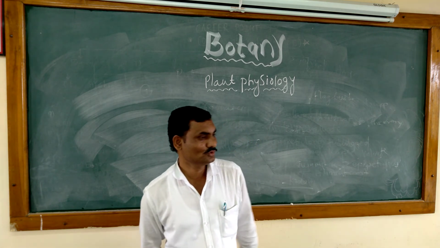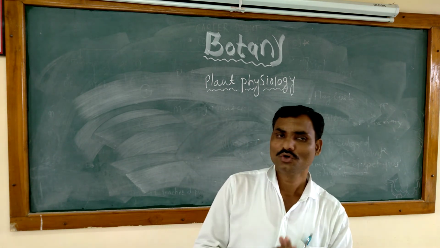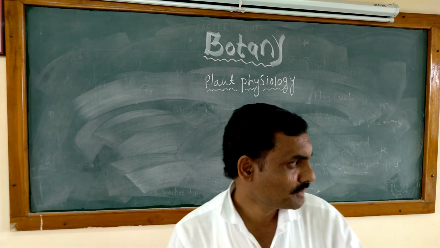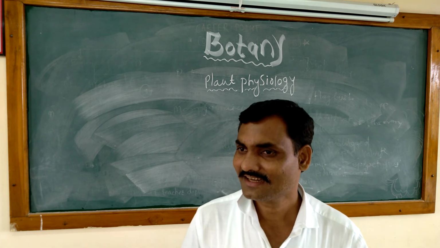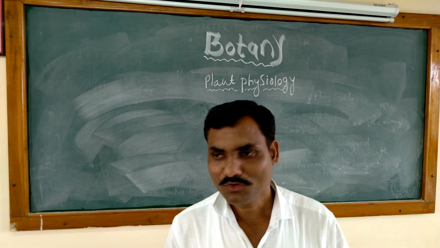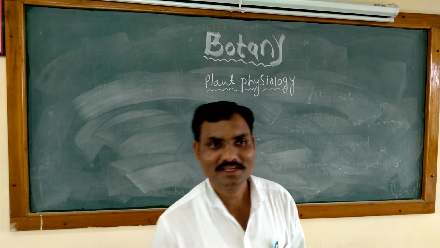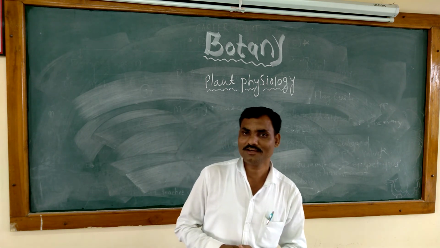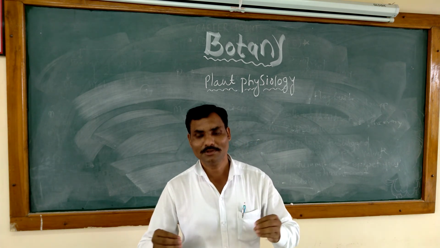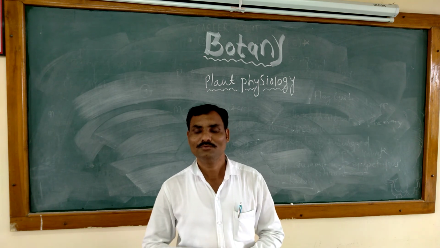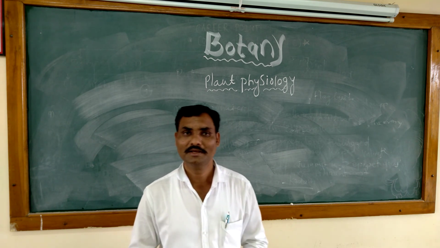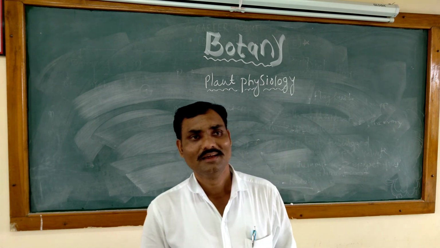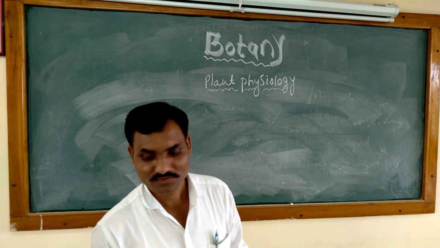If we want to do tissue culture, then we need to know each and every part of the plant. Which part of the plant should be used for the culture? We use the apical part of the stem, the axillary part of the stem. There are some organs or tissues which have the capacity to divide, and we use that part for tissue culture. So for the study of tissue culture, we need to know plant physiology.